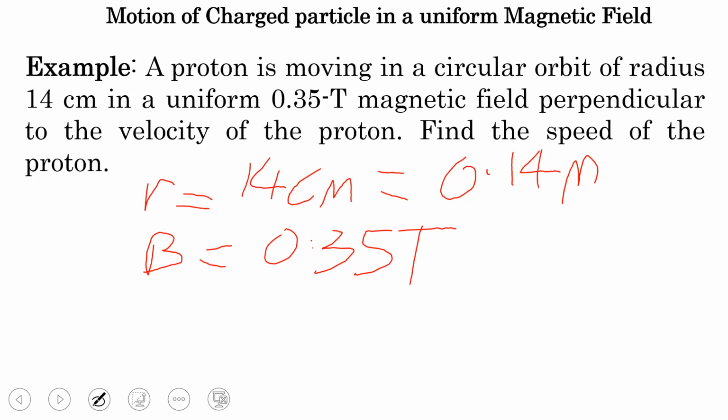Now, we know that the angle between the velocity and the magnetic field is 90 degrees, and sin 90 is 1. So it's easy for us to say that F is equal to BQV.